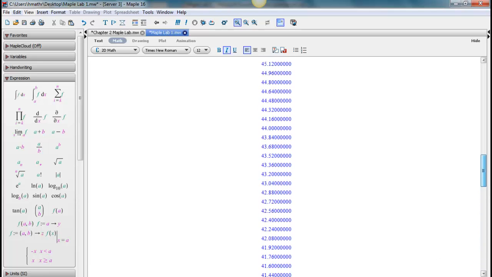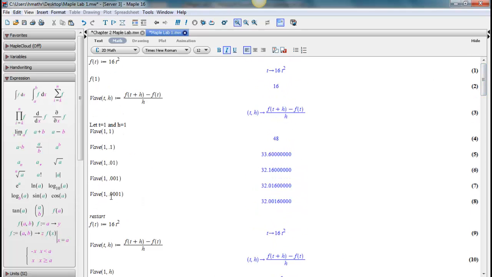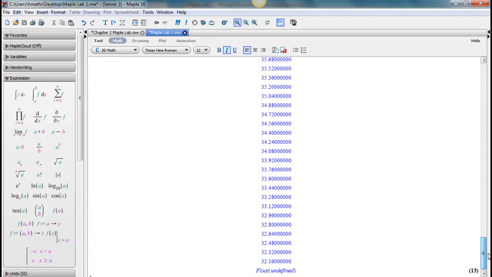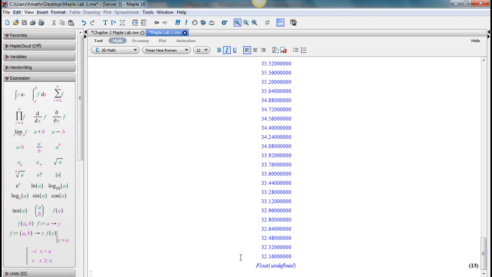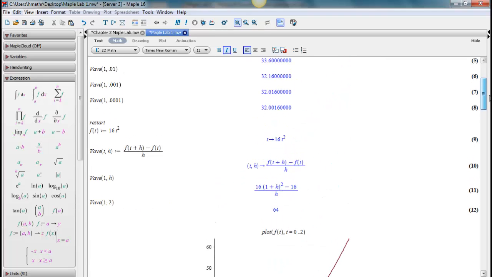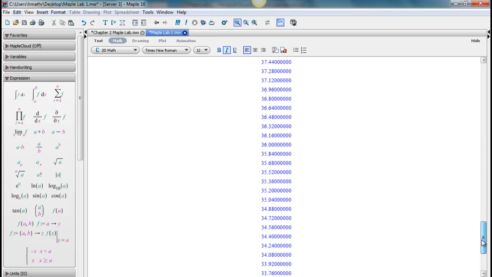Notice that when we chose h to be 0.001, we got 32.001 as the average velocity. The point I'm trying to make with this code is that as h goes to 0, your average velocity is approaching a specific number, and it seems that it's approaching 32 in this case.